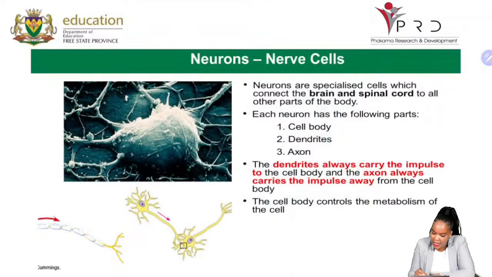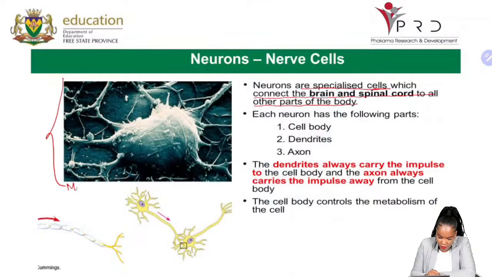Neurons are specialized cells which connect the brain and the spinal cord to all other parts of the body. So they are specialized cells of the nerves. If you take a look at this micrograph of a neuron, you see there are lots and lots of neurons here.